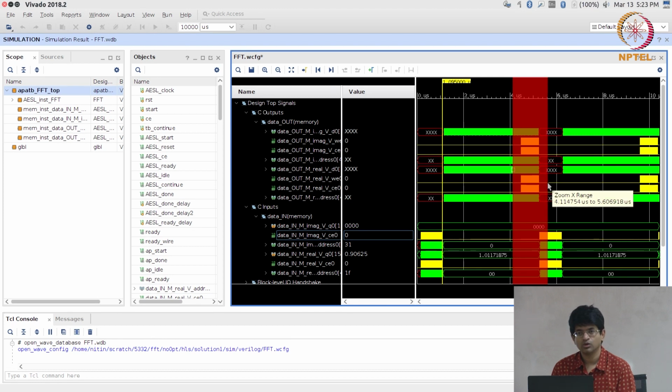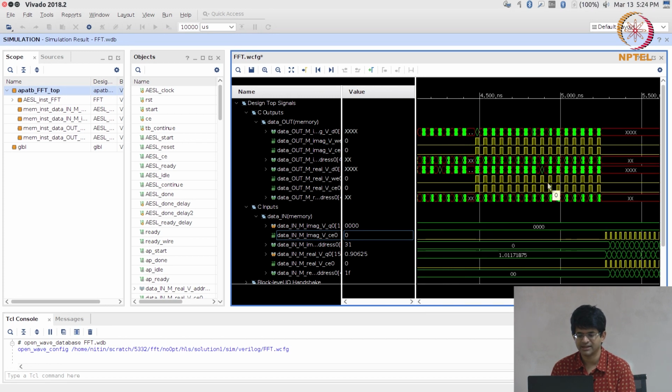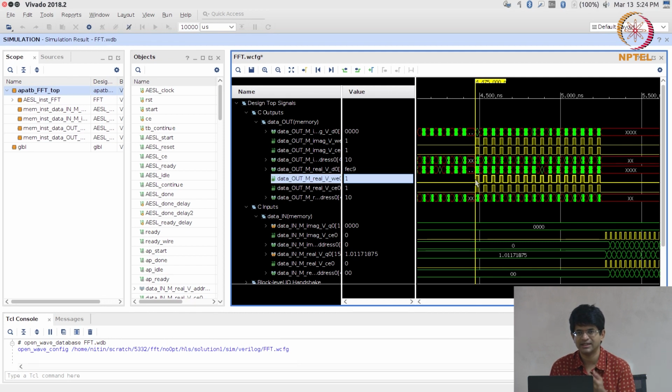So it got all the inputs, did something during which time neither inputs nor outputs were being affected, and then finally started generating outputs. The outputs also take a similar pattern, the write enable and the chip enable and the addresses. You can look at all of those, see exactly the patterns and the values that are coming out, and compare them with what you expect from your C code and make sure everything matches.